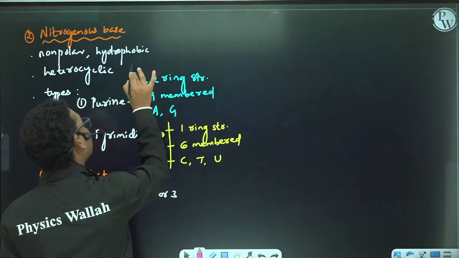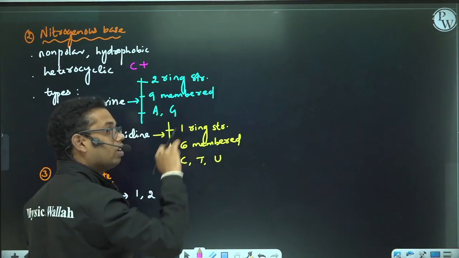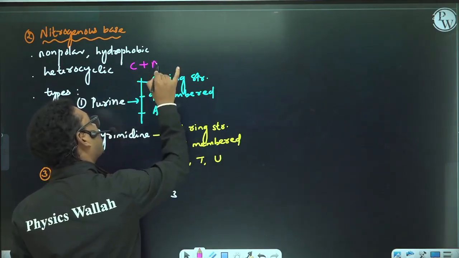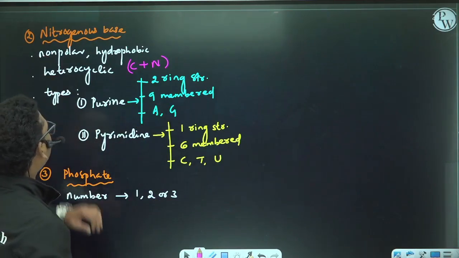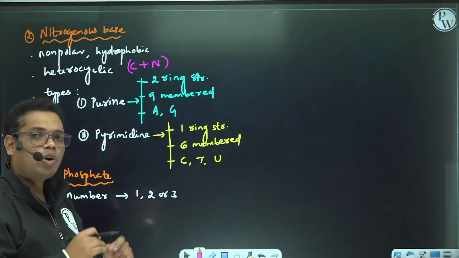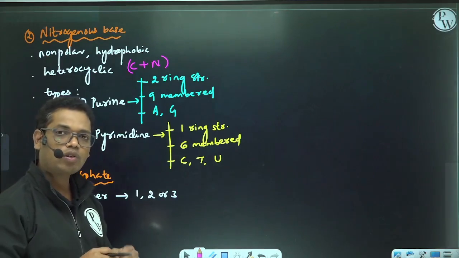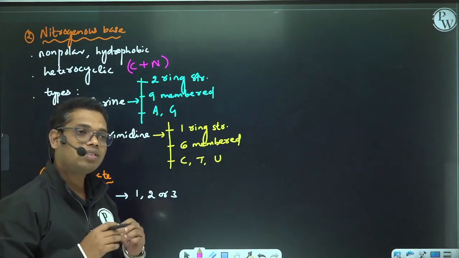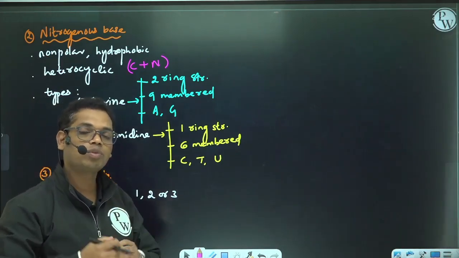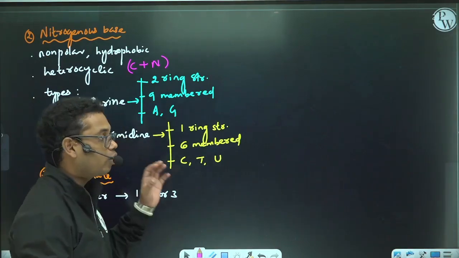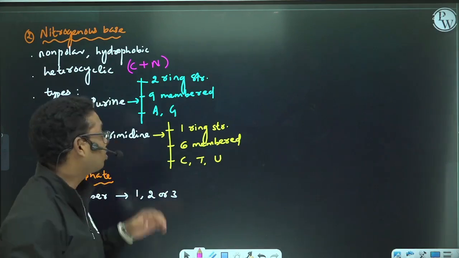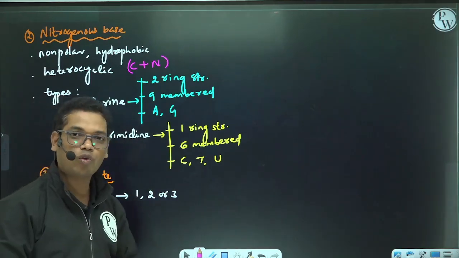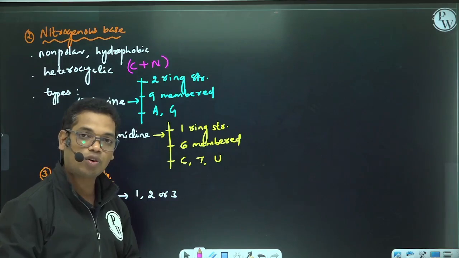Because that had carbon and oxygen. In this case, it has carbon and nitrogen. These nitrogenous bases are non-polar. They are not going to interact with water. They will stay away from the water, and that is why they are hydrophobic. This point is important. This nitrogenous base is hydrophobic, whereas the sugar is hydrophilic.